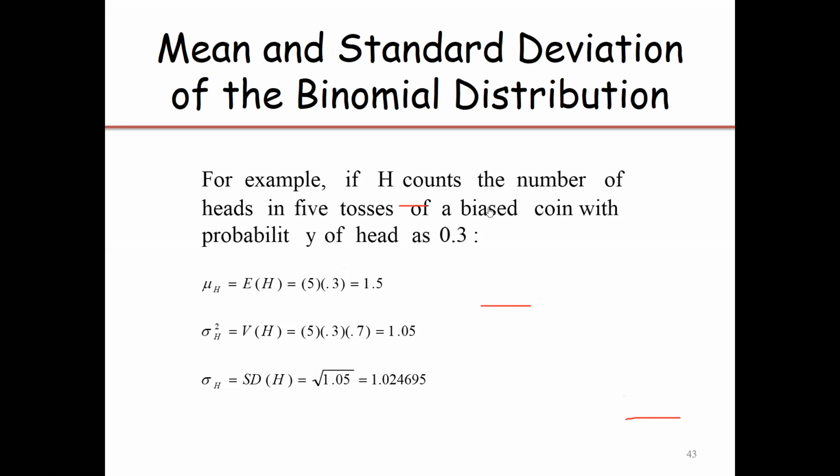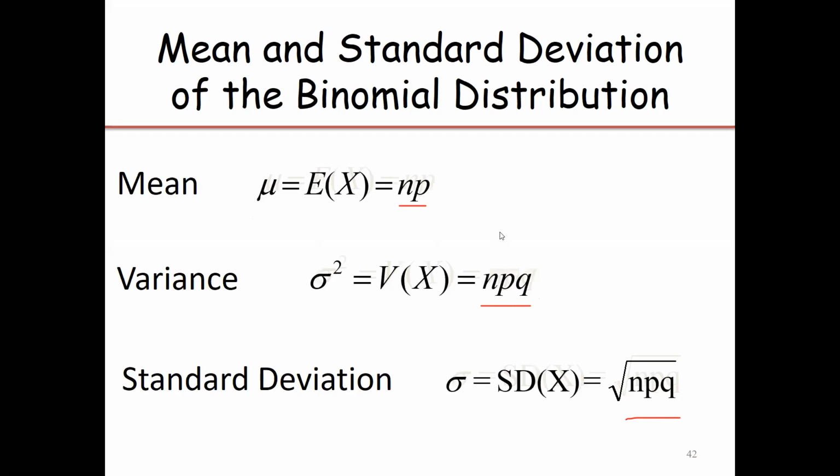The mean of the distribution is np. The variance of the distribution is n times p times q, and the standard deviation is the square root of npq.